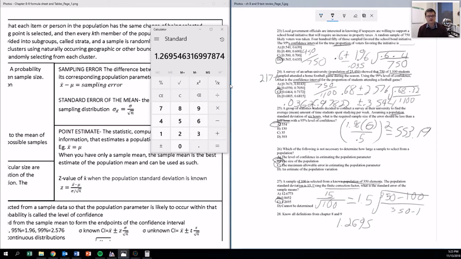Are you looking for the probability? Make sure you know what question you're answering. Okay? Next, look for the word population or sample next to the standard deviation.